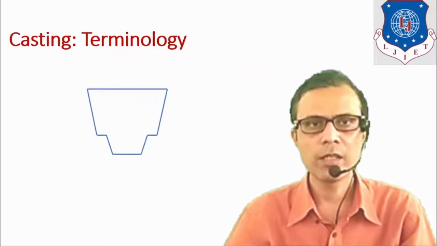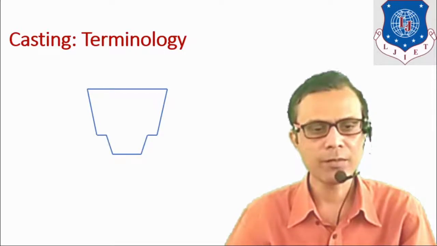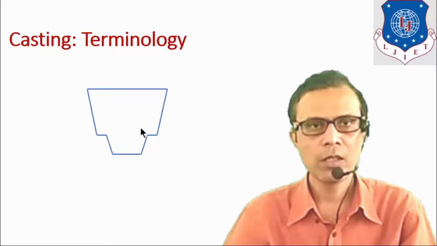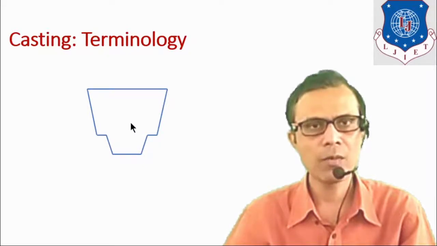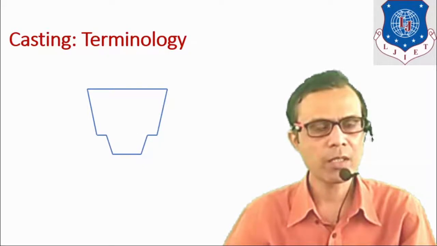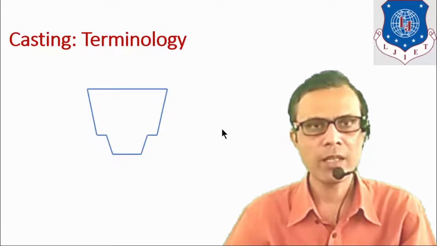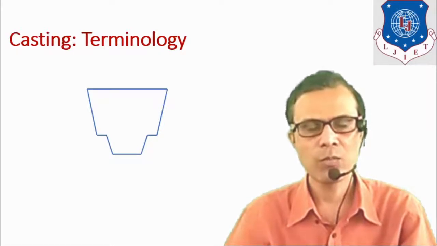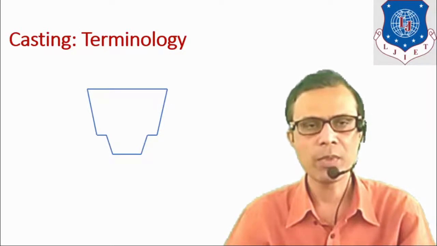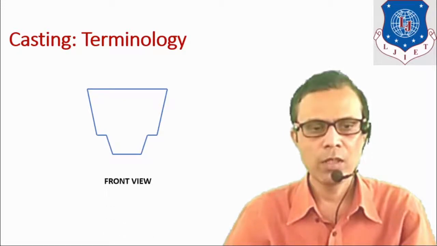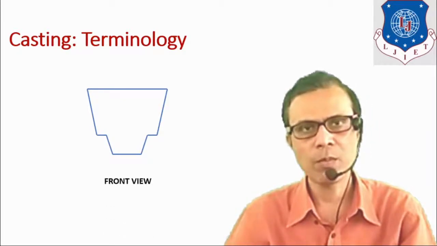Let us understand the terminology related to this process with a simple example. So here you can see a diagram of a workpiece which we want to produce by casting process. Dimension may be any. We are considering this simple example for better understanding of the concept. So it is a front view of the part.